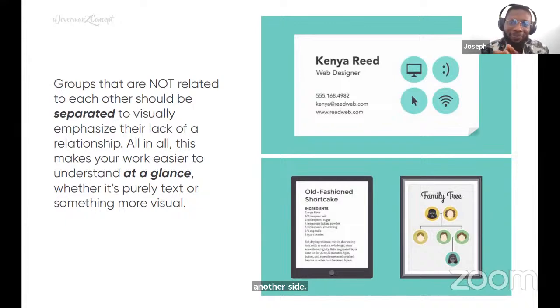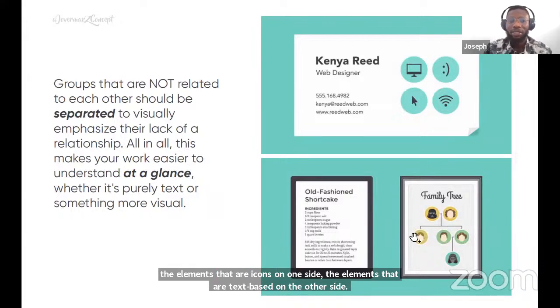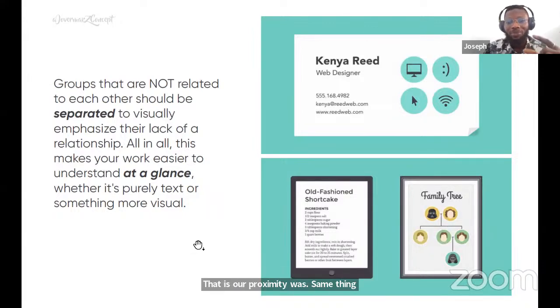That's why you see that all the elements that are icons are on one side, the elements that are text-based are on another side. That is how proximity works. Same thing on the images down here as well. The simple reason is it's easier to notice and understand at once when you look at it, instead of the elements being mixed or being all over the place, right?